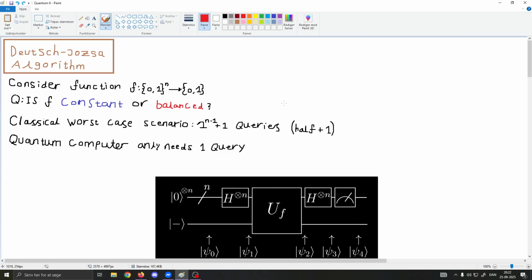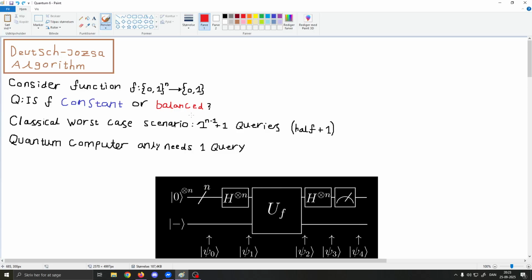And if the output was the same for both inputs, we said that the function was constant. And if it popped out one result for half of the inputs and a different result for the other half, we said that the function was balanced.